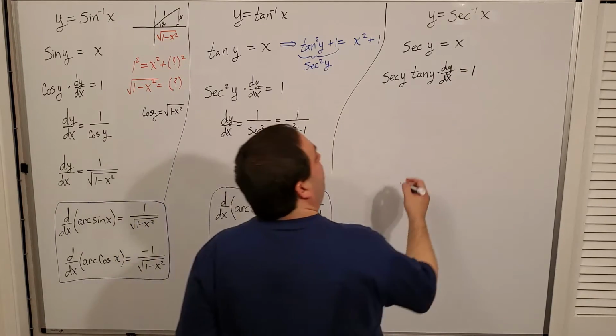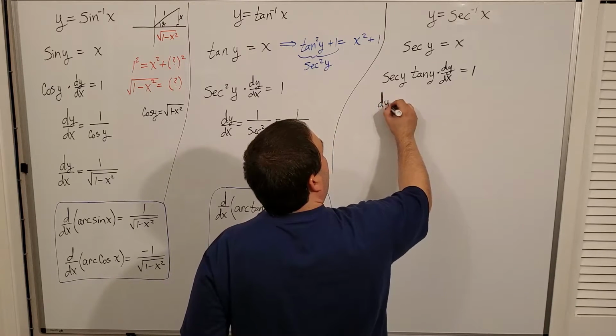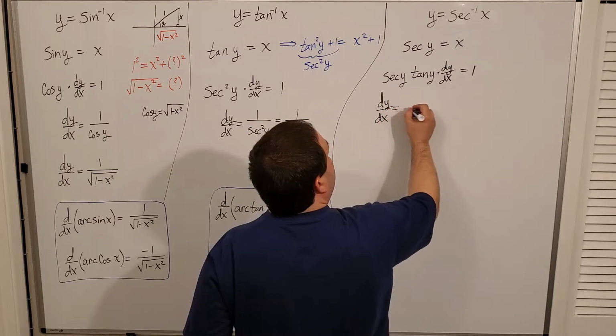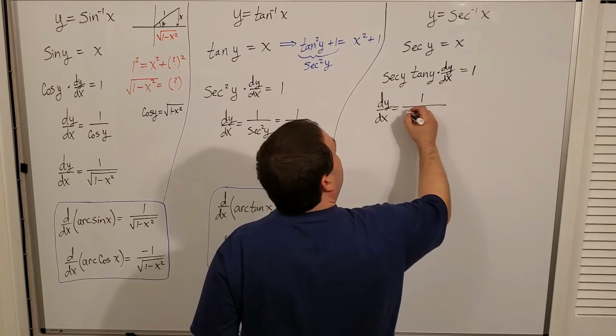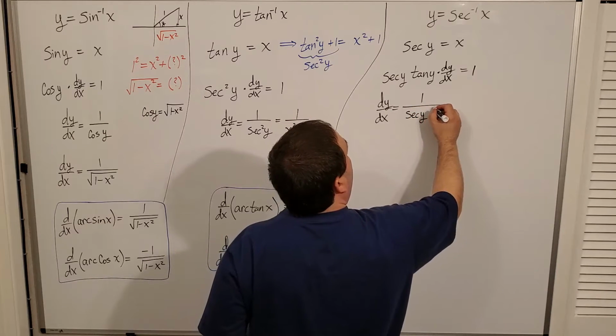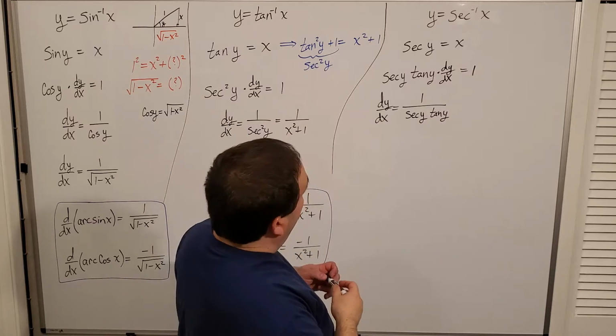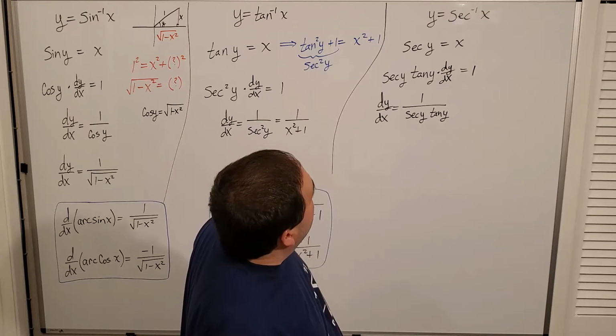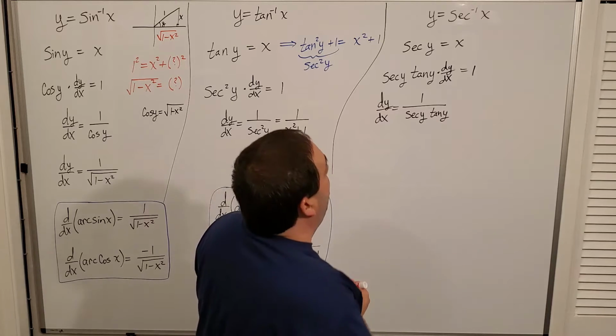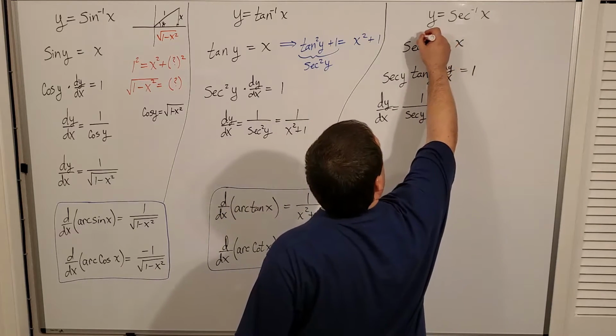And again, I'm going to divide it. So dy over dx is going to be equal to 1 over secant of y times tangent of y. Well, we already see that secant of y is equal to x.